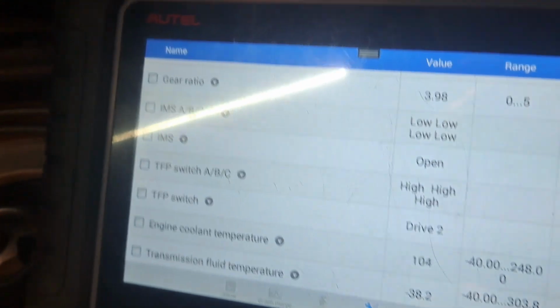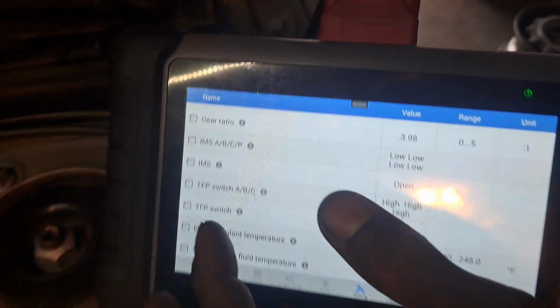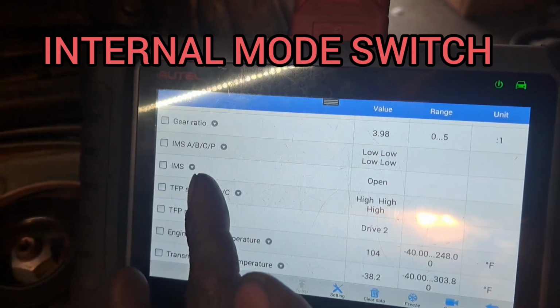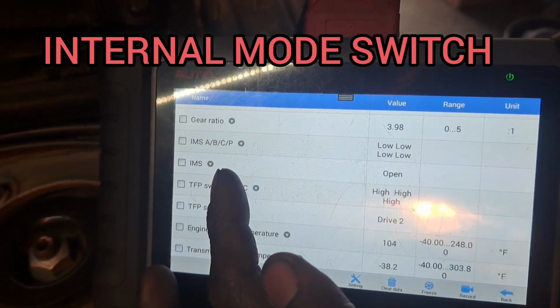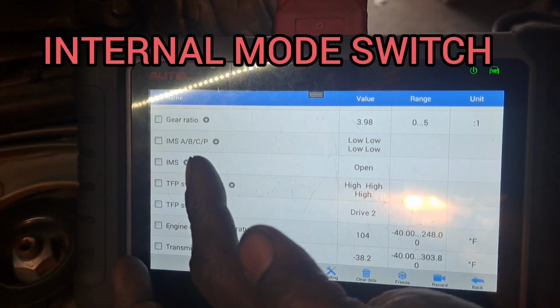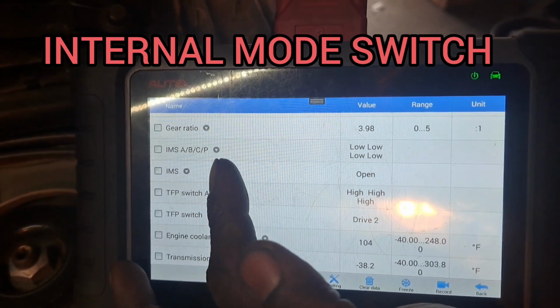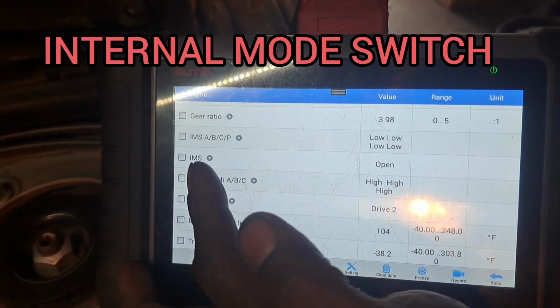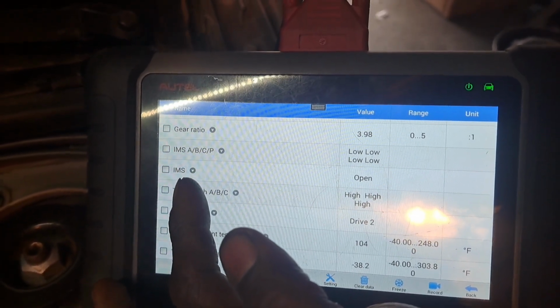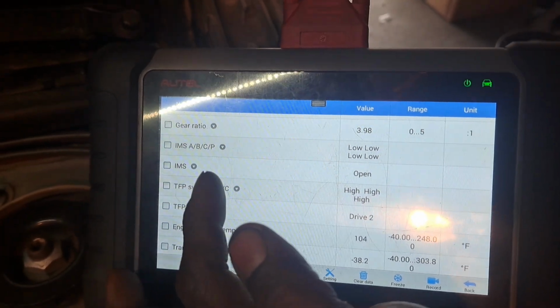So there's like confirmation PIDs here. The IMS, which is like the gear selector module, something like that, but it's the gear selector inside of the transmission. This is what initially determines the position. I think IMS is like internal manual selection or something like that.